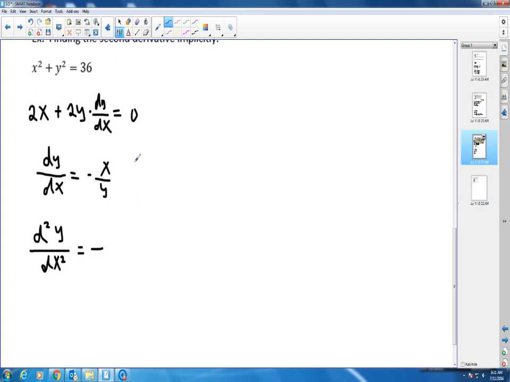So that will be negative, derivative of the top times the bottom, so that would just be y, minus the derivative of the bottom, which is 1 times dy/dx, because I'm taking the derivative with respect to x, so for my y it would just be dy/dx, times the top, over the bottom squared.